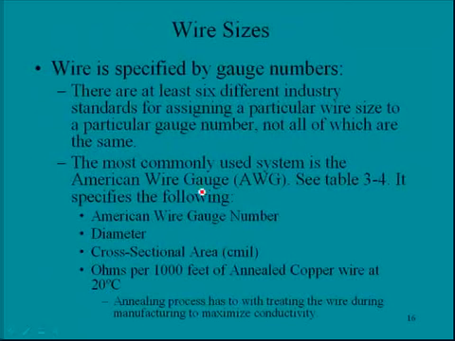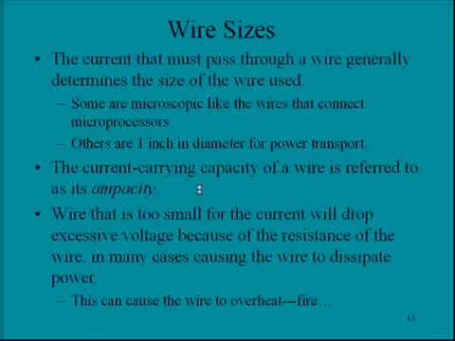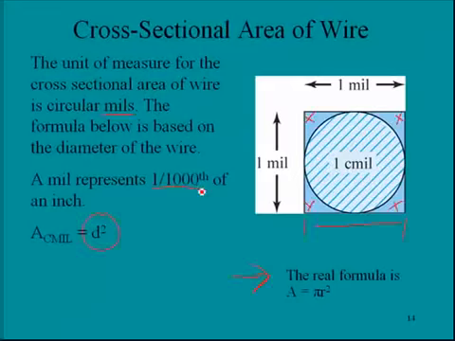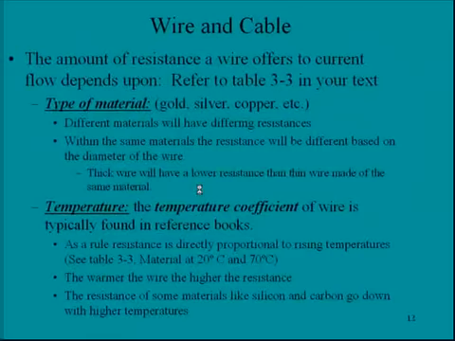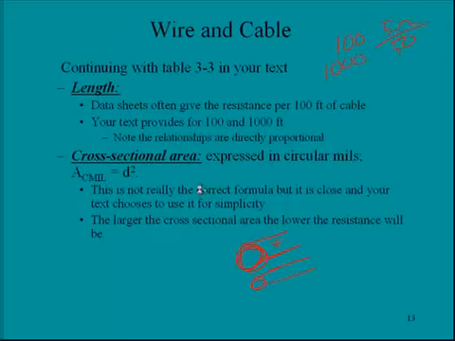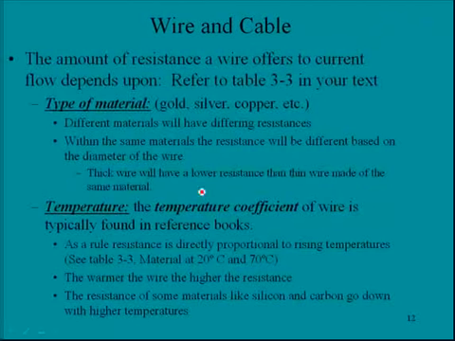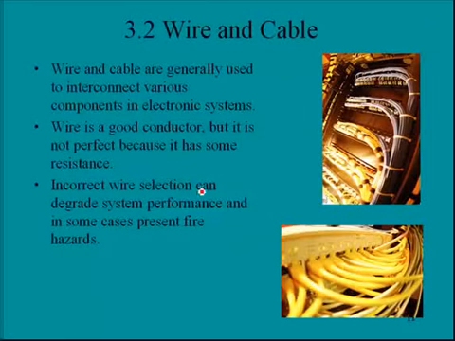We looked at wire sizes, ampacity. We looked at circular mills, and we looked at the things that affect resistance, being the type of material, temperature, length, cross-sectional area. So that concludes 3-2 wire and cable.